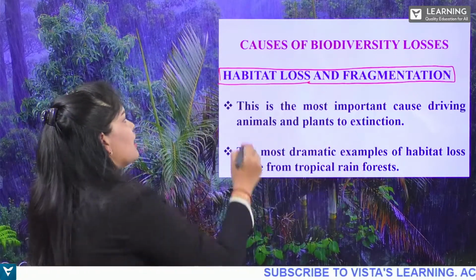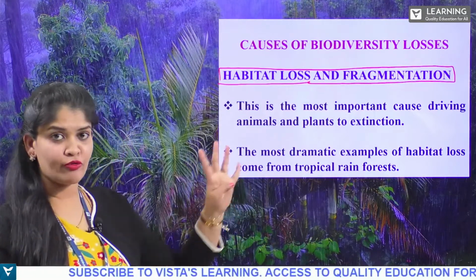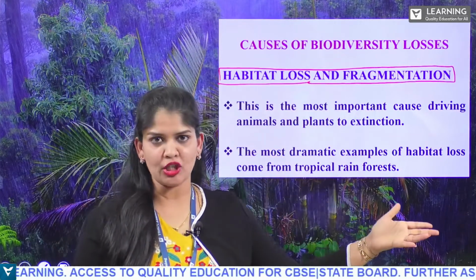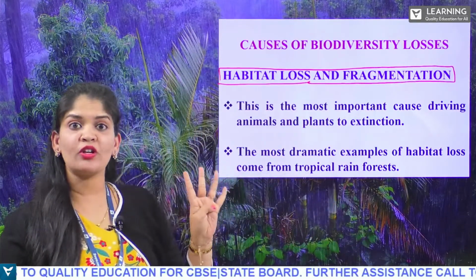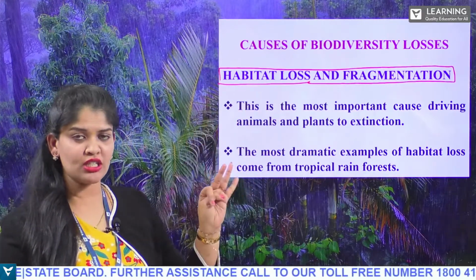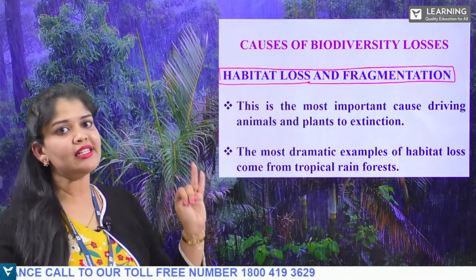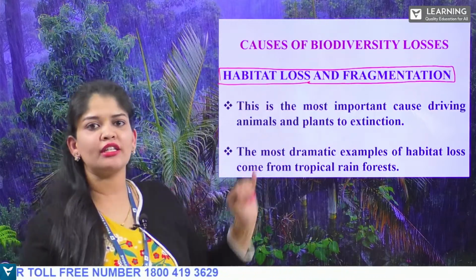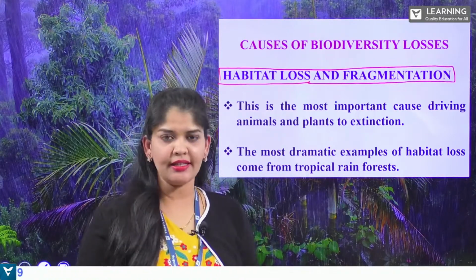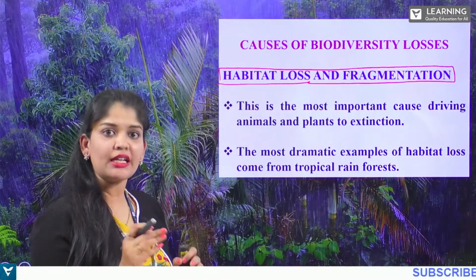Out of four reasons, this is the first reason. First one, habitat loss and fragmentation. Second one is over-exploitation. Third one is alien species invasion, and the final one is called co-extinction. Co-extinction, right? Out of that, let us discuss the first reason.